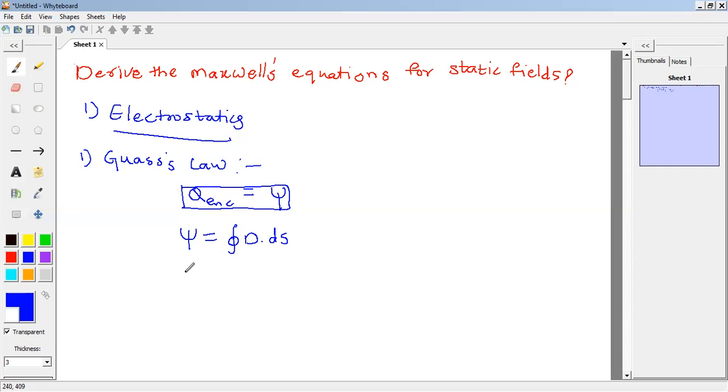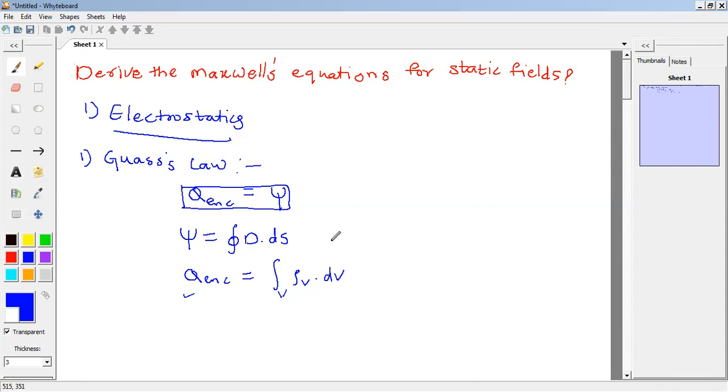The total charge enclosed we may write as the volume integral of rho v dv. So psi, the closed integral of D dot dS, is equal to Q enclosed, which is the volume integral of rho v dv.